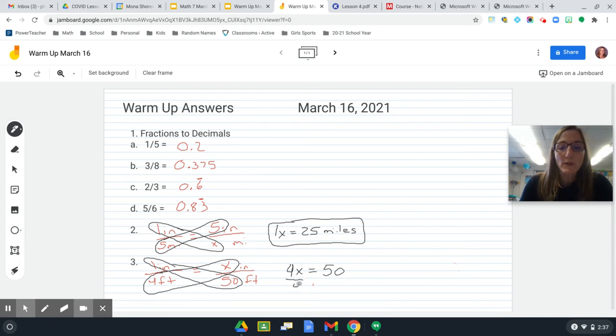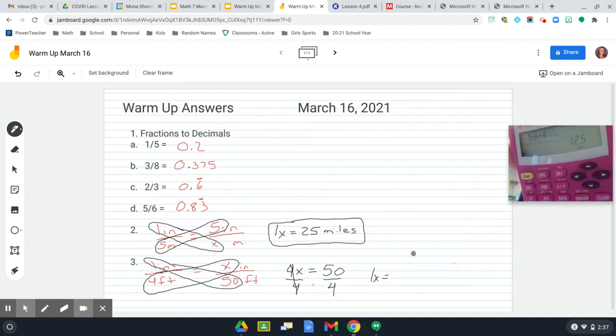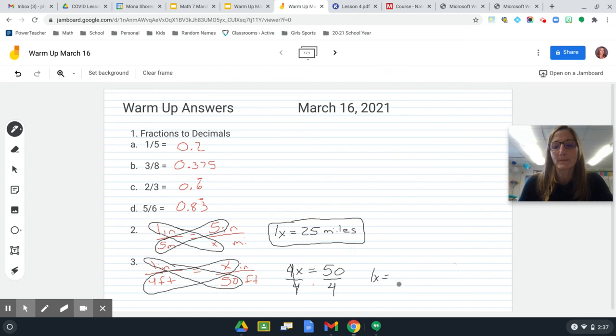We have to solve this one-step equation because we're trying to find out how many inches on the model of the bridge. So now this is going to leave me with 1X. And then 50 divided by 4. So we're going to leave this decimal as well. You should have gotten 12.5. So 12.5 inches on the model of the bridge, the length on the model of the bridge.